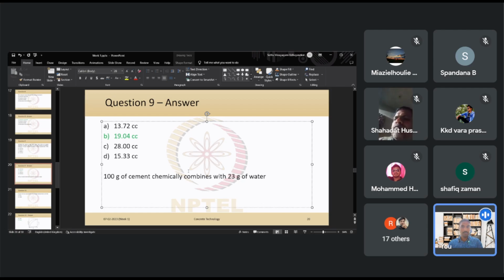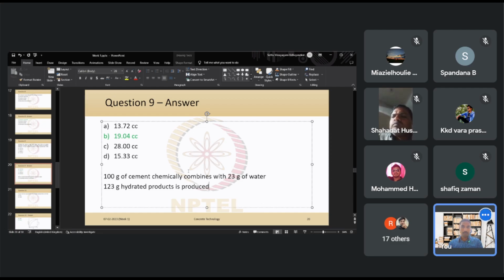Hydration takes place, right? And let us assume that complete hydration is taking place here. Therefore, 123 grams of hydrated products will be produced, right? When 100 grams of cement combines with 23 grams, therefore 123 grams of hydrated products will be produced, right?